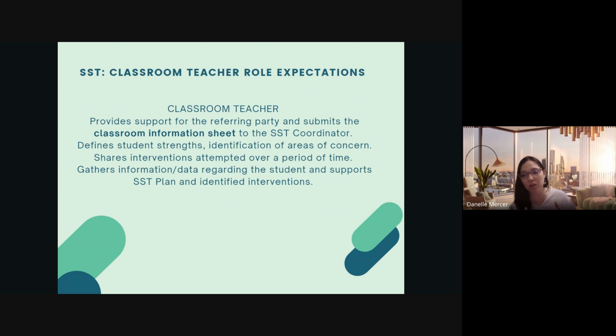It can be a counselor, it can be an intervention specialist. But it is also important to know on your site who conducts that process for you all. And then they define student strengths, identify areas of concern, share interventions attempted over a period of time, gather information and data regarding the student, and support the SST plan and identified interventions.